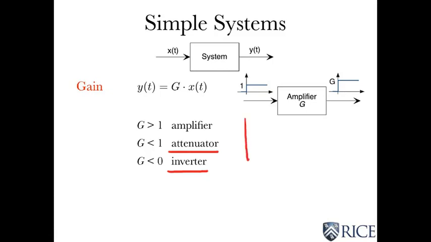So if we use our unit step input, for example, here, we bring in a unit step, and we look at what the output's going to be. If g was negative, the output would be like that. So it doesn't mean take the reciprocal, it means change the sign. I don't know where the terminology inverter came from, but that's what it is.